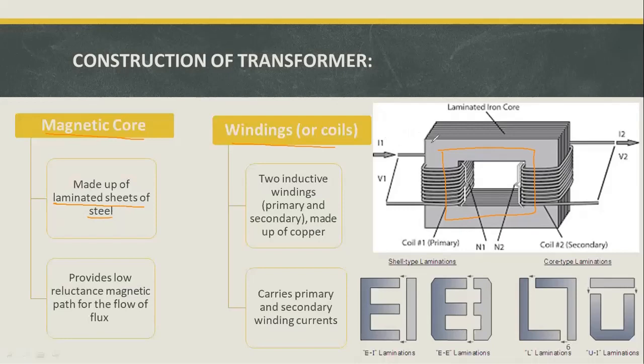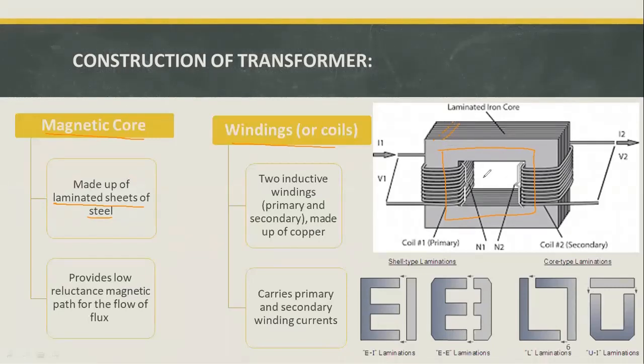Now we are using thin laminations here, and these are the different shapes of laminations which we can observe. So E shape, I shape, or L shape, U and I shape, various types of laminations can be used, and all the thin laminations are used together and then stamped together to form this magnetic core.